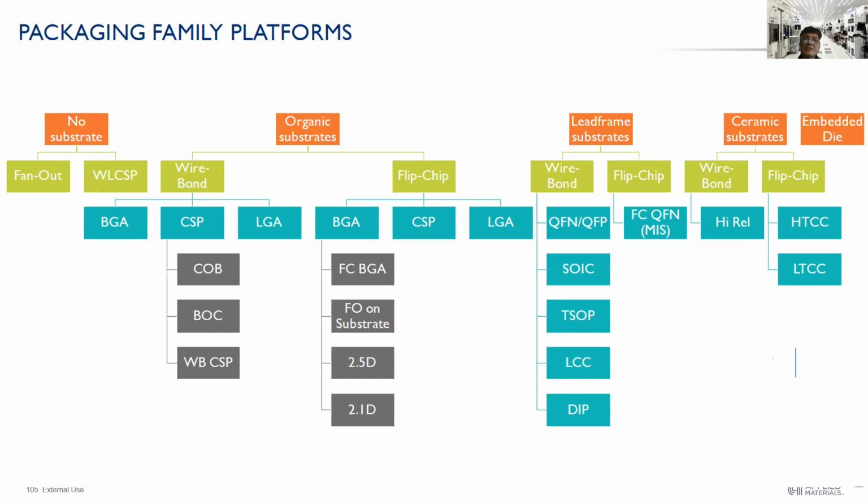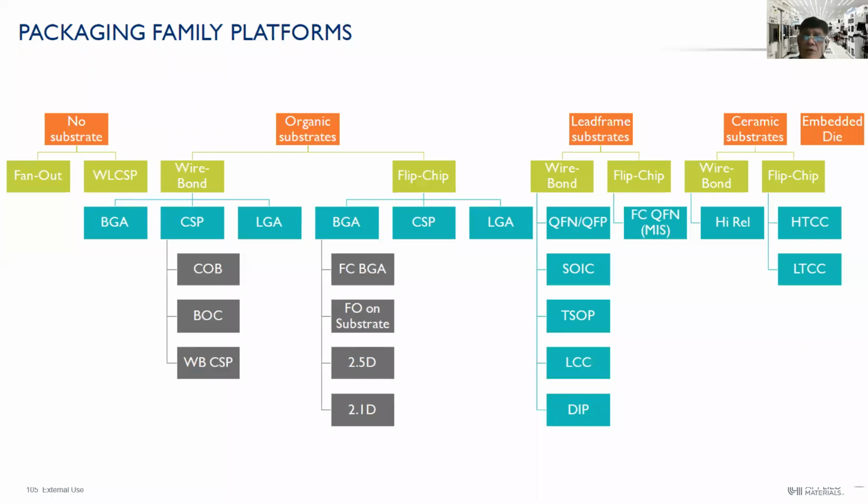And then you have organic substrates; lead frame substrates were there originally. In fact, if you go on to YouTube, you'll see some of the earlier ATMP lines videos, which use wire bonding on lead frame substrates to create the packages. And then you have specialized substrates like ceramic substrates. SCL has ceramic substrate capability out there.